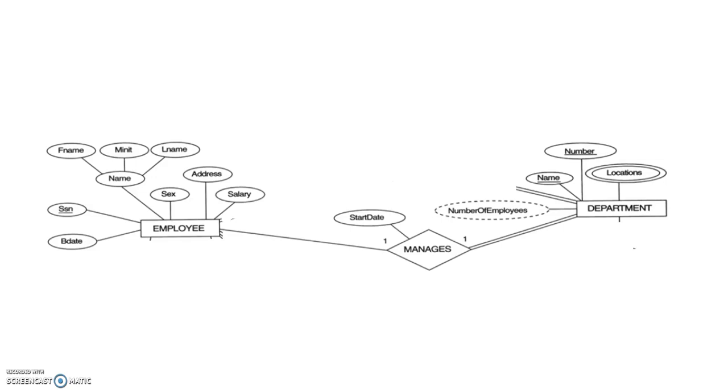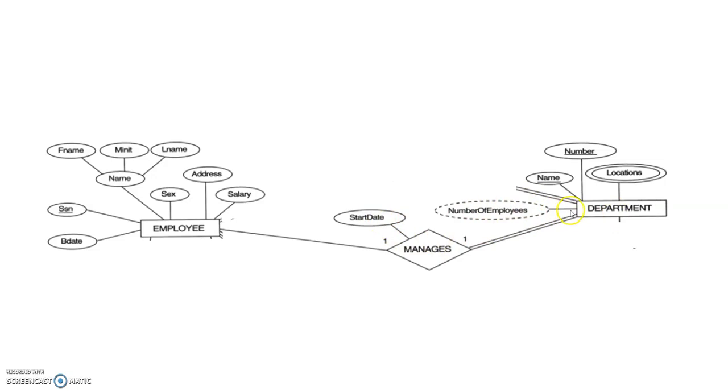And if there is any descriptive attribute, an attribute of the relationship, here start date is the descriptive attribute. In this case only one side is having total participation, so we can put the start date in the department table.